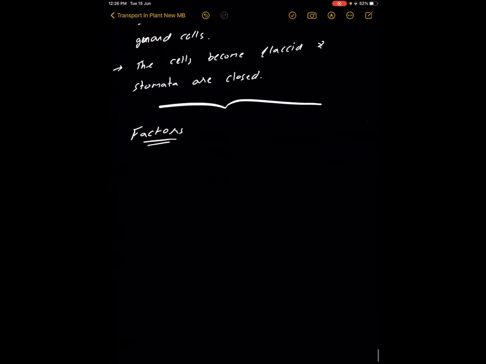So factors. The first factor is temperature. If temperature increases, the rate of transpiration increases.